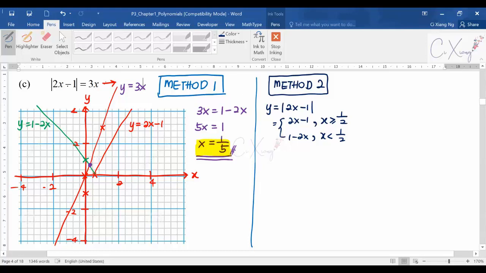When you want to solve the equation, you will let 2x minus 1 equals to 3x, and the other part is 1 minus 2x equals to 3x. Okay, then you need to try and solve it. So you have negative 1 equals to x. Okay, then for this one you have 5x equals to 1 and x equals to 1 over 5.